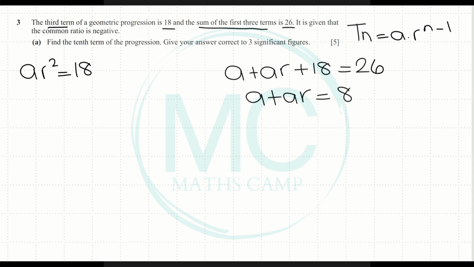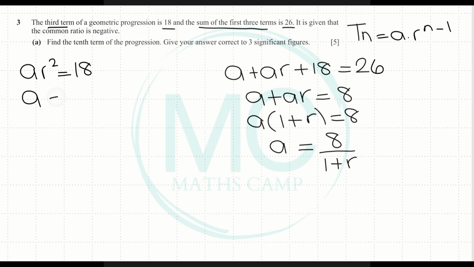Now on the left, we can take a out as a common factor, and we get a, open a bracket, 1 plus r is equal to 8. Let's make a the subject. We can say a is equal to 8 over 1 plus r. Let's make a the subject in the other equation as well. We can say a is equal to 18 over r squared.